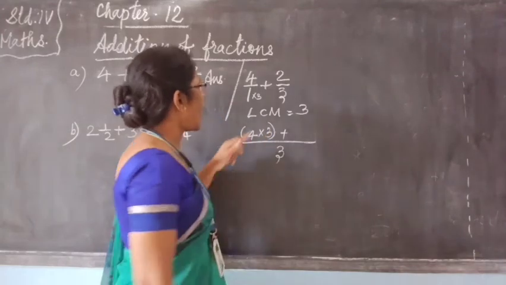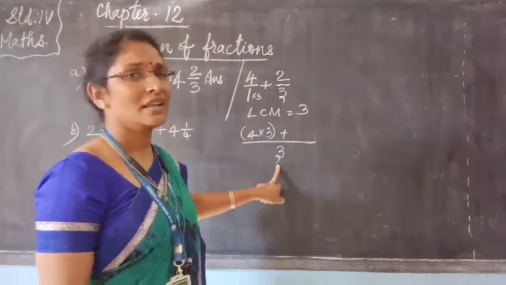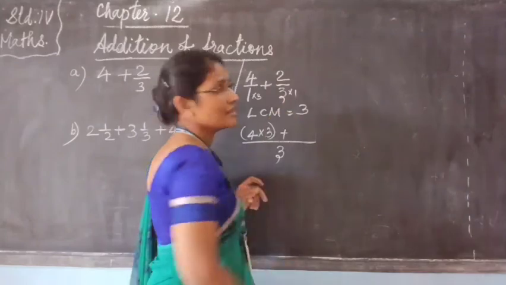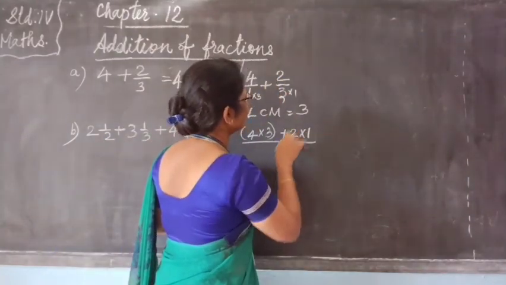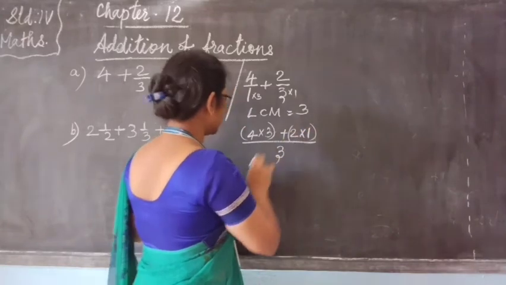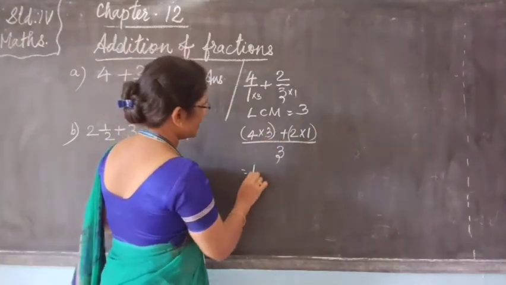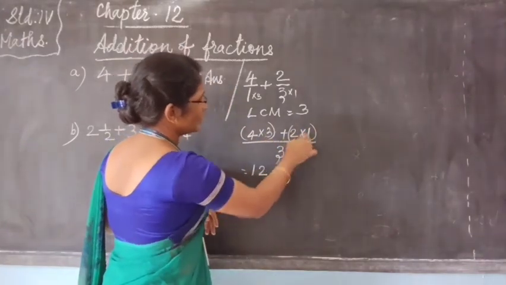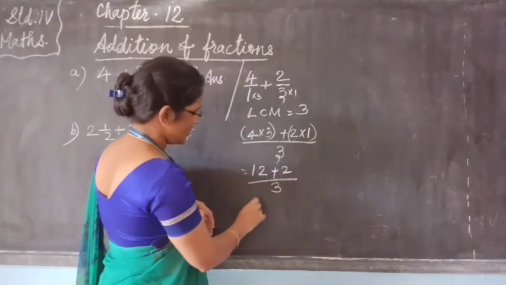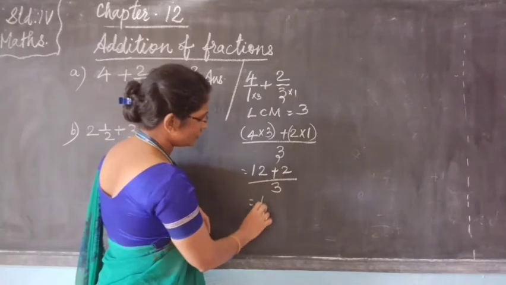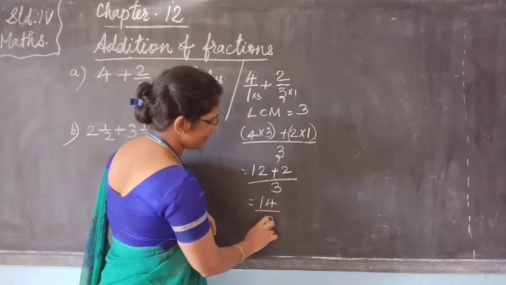Then plus, how many 3s are 3? 3 1s are 3. Then 2 also will be multiplied with 1. You can see now 4 3s are 12, 2 1s are 2, by 3. You are going to get 12 plus 2, 14 by 3.